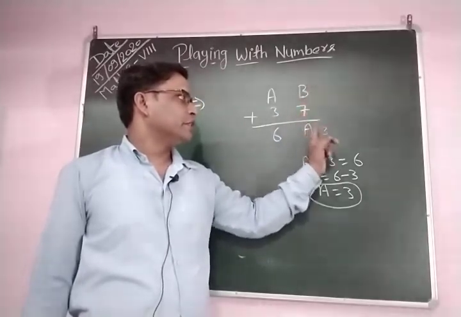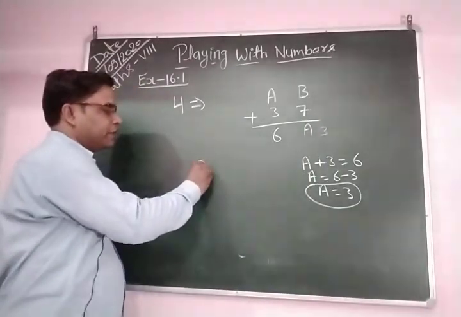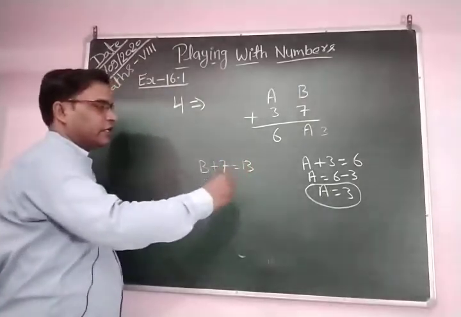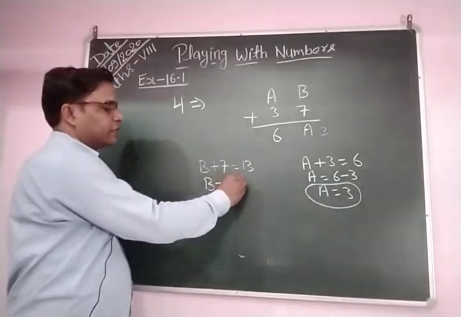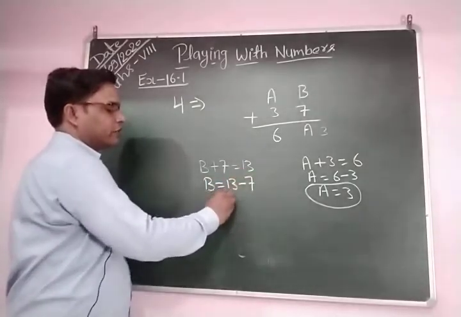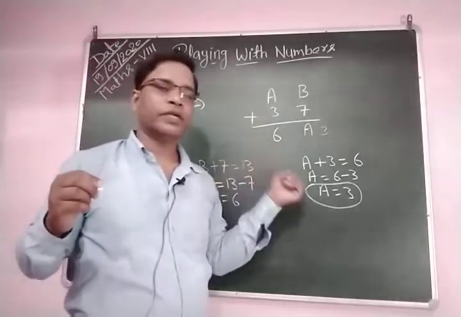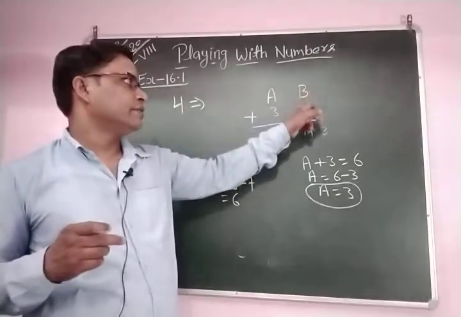So B plus 7 is equal to 13. It means that B is equal to 13 minus 7, this is equal to 6, according to these conditions. So B is equal to 6.